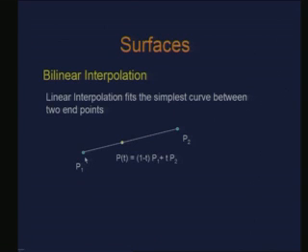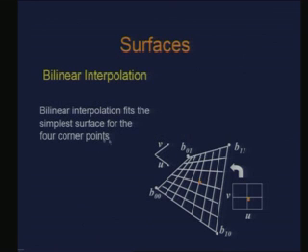For instance, I have a point P1 and a point P2, then the simplest curve I can obtain between P1 and P2 is this line, which is obtained through linear interpolation between these 2 points. In a similar way, the simplest surface construction is obtained using bilinear interpolation of the 4 corner points.